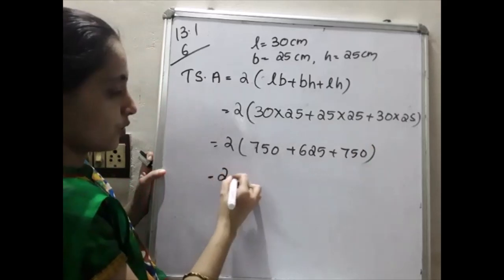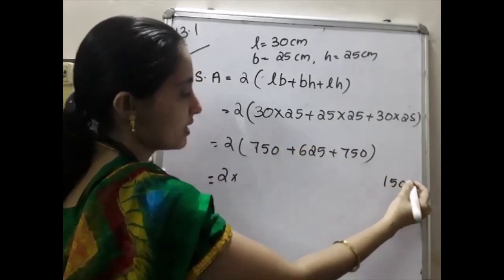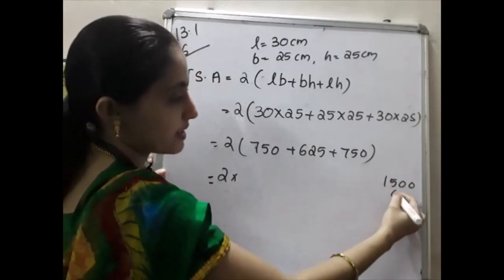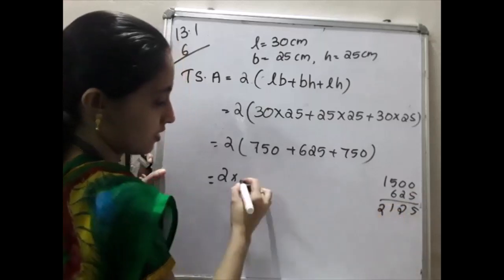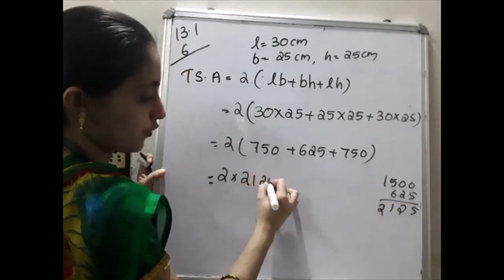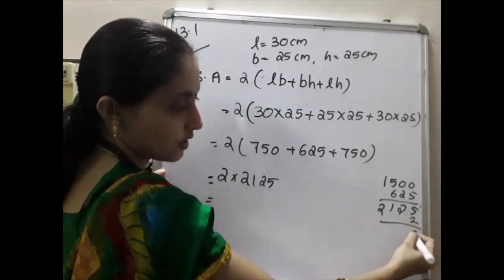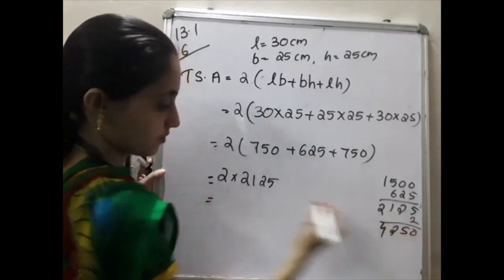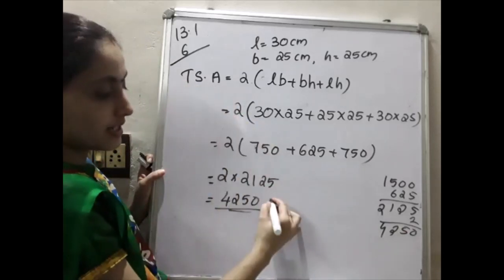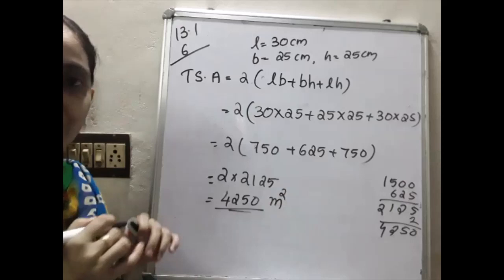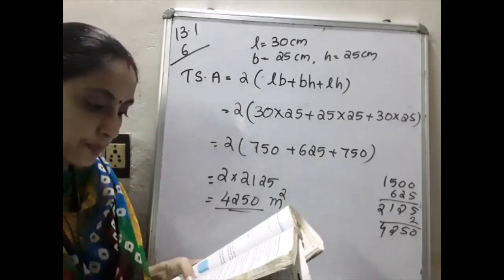That is 2 into (750 plus 750 is 1500, plus 625), that gives us 2125. Into 2 is 4250 centimeter square. That is our total surface area of this greenhouse.